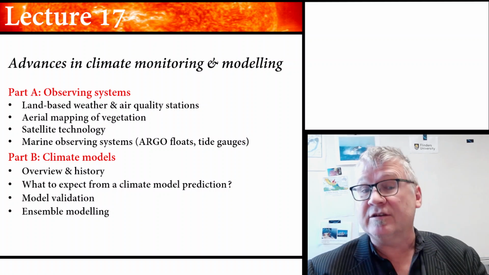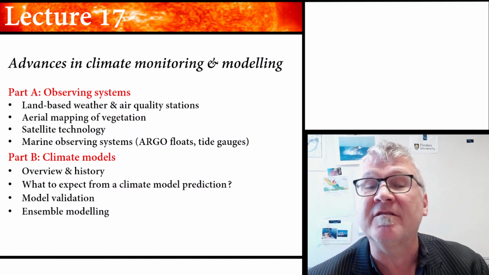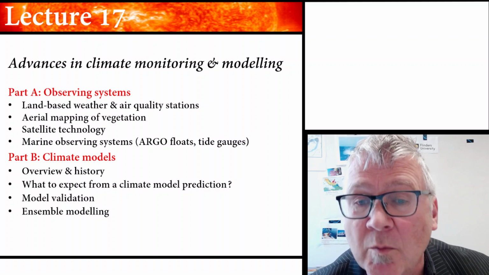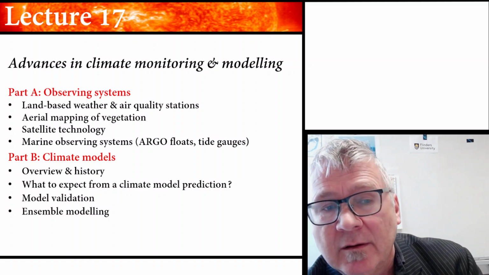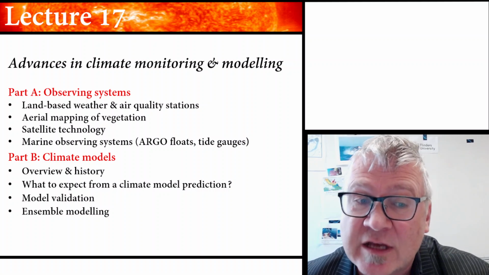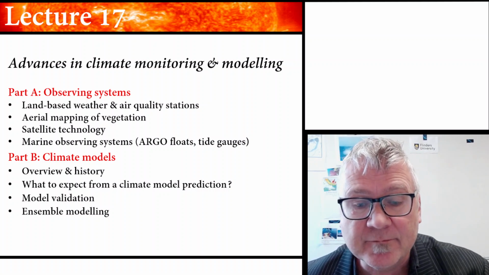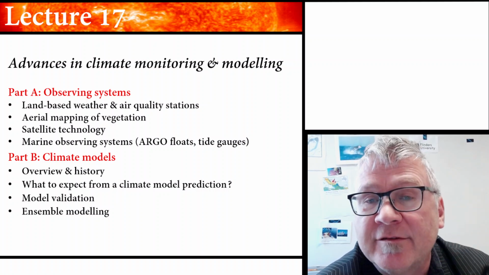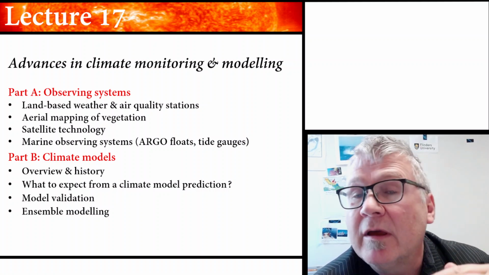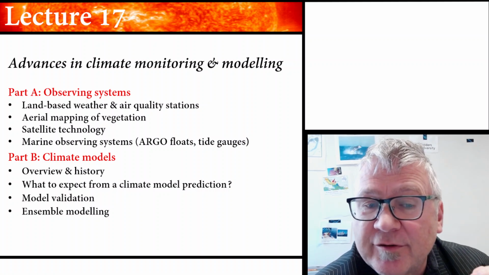Okay, so this lecture talks about the advances made in the climate modeling and monitoring space. And this lecture has two parts. In part A, we talk about observing systems. We're looking at the land-based stations first.